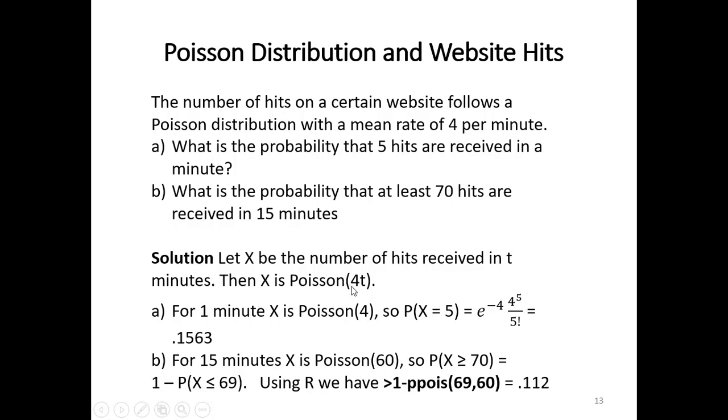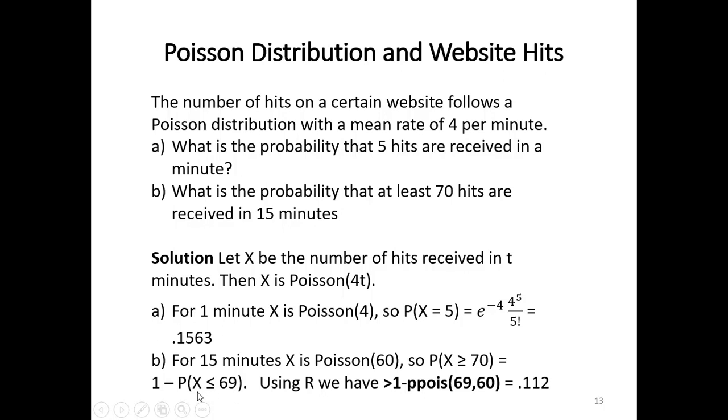We know lambda is always 4 times t, so 4 times 15 is 60. We want the probability X is greater than or equal to 70. So we'll use the rule of the complement. 1 minus the probability X is less than or equal to 69.